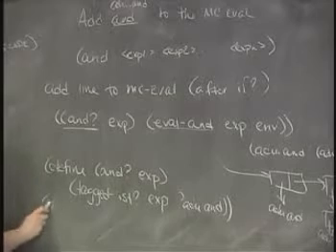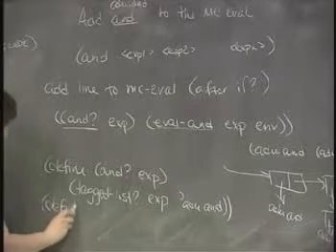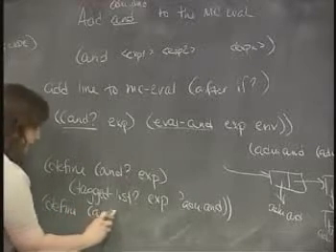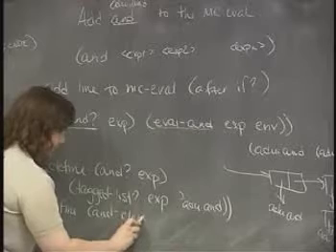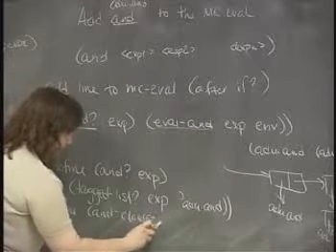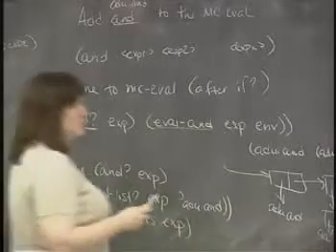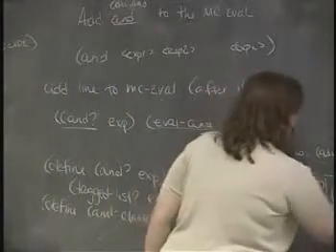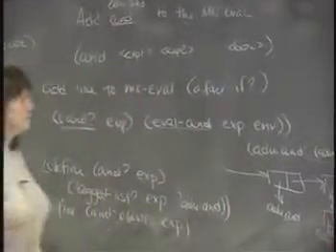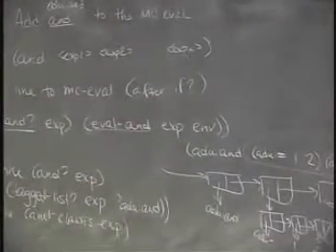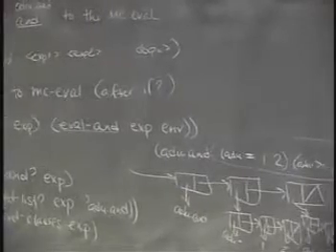I'd also like to write a procedure called and clauses, which will take an expression and return a list of the clauses that I need to evaluate in order to figure out what the value of my and is.